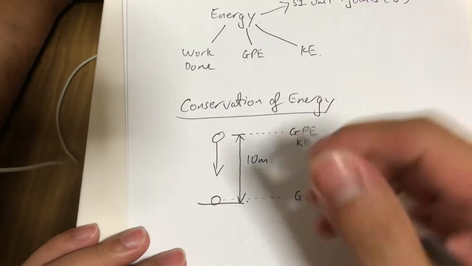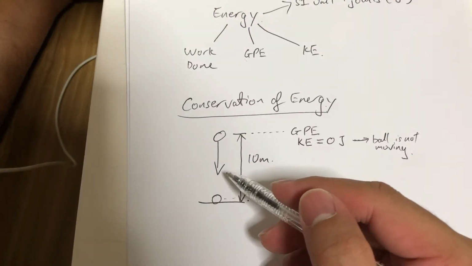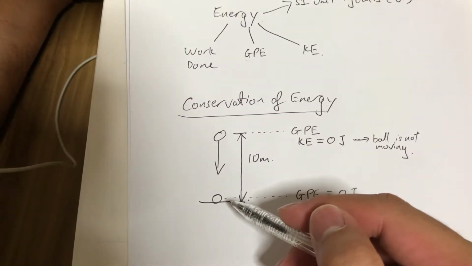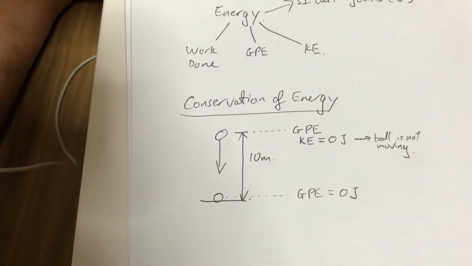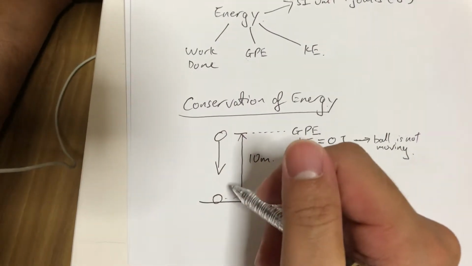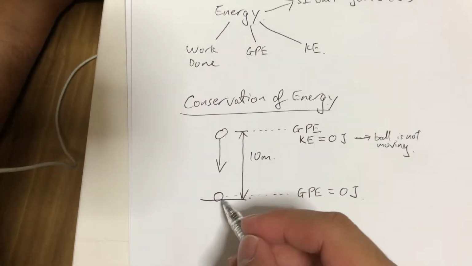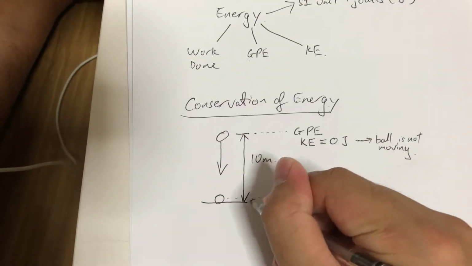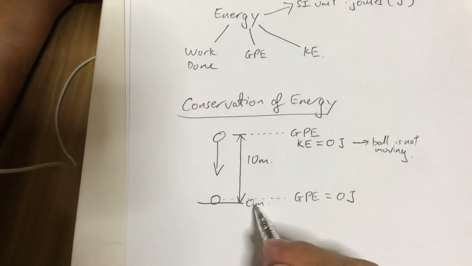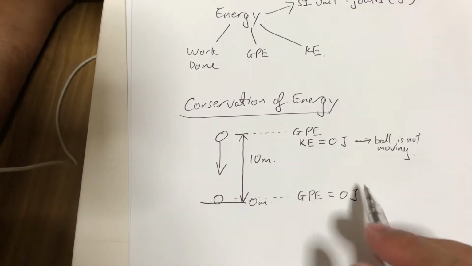But when the ball is let go and dropped to the ground, the gravitational potential energy will decrease because the height from the ground will just get lower and lower. By the time it reaches the ground, where the height is 0 meters, the gravitational potential energy is now 0.